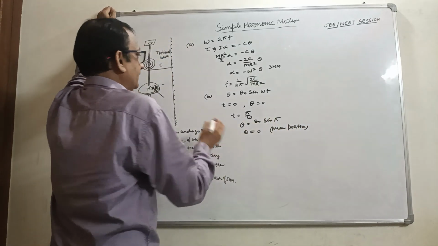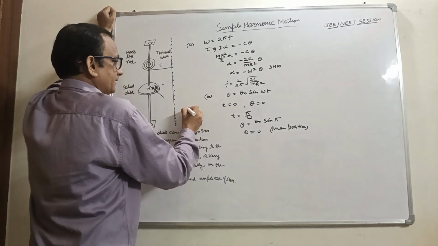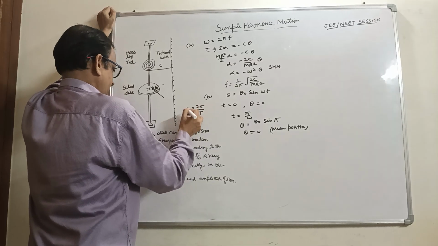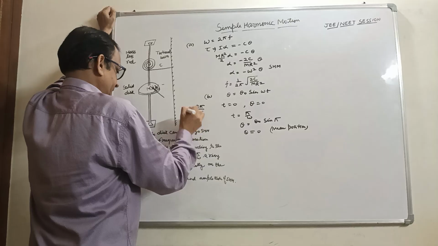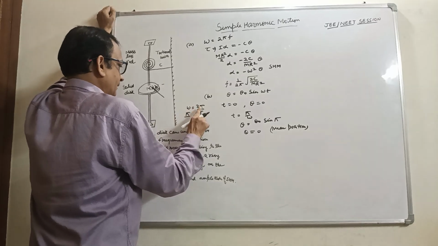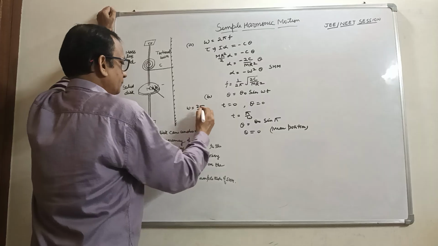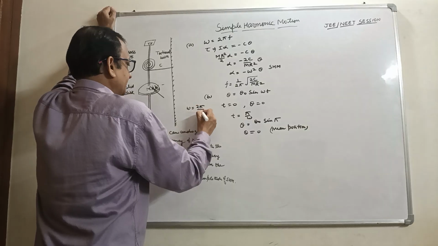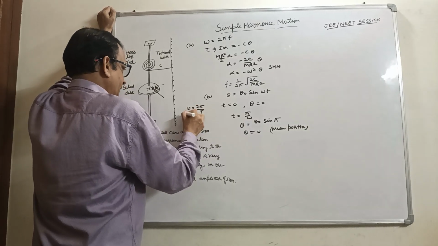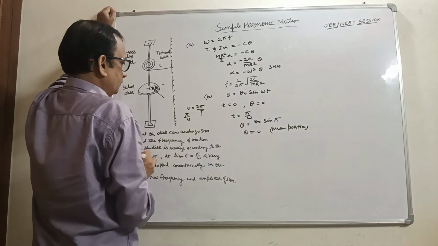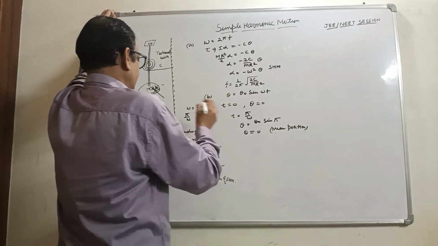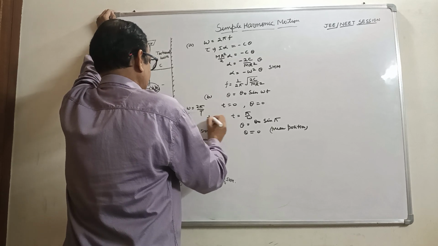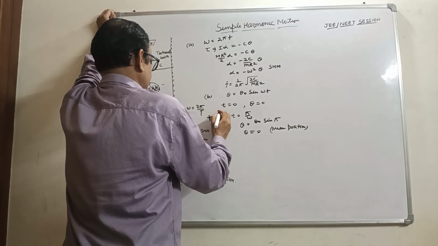Because we calculate the time for that position, omega is equal to 2 pi by T, and t is equal to pi by omega. So t would be pi by omega, which means the time is T by 2.